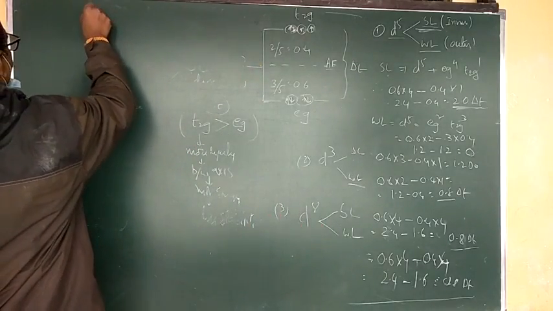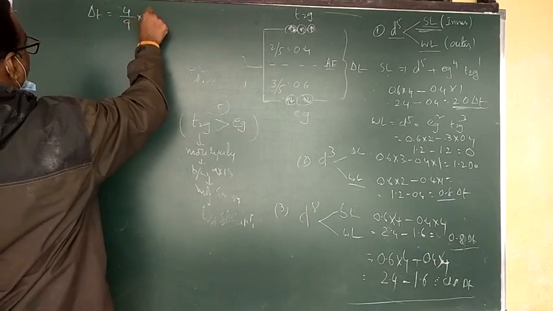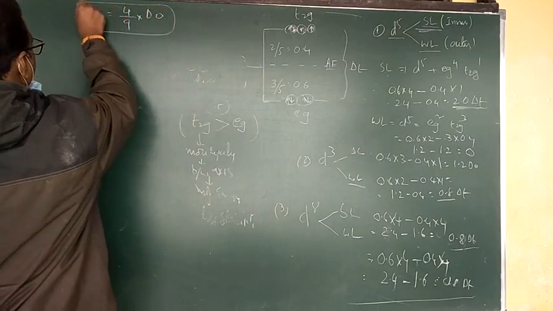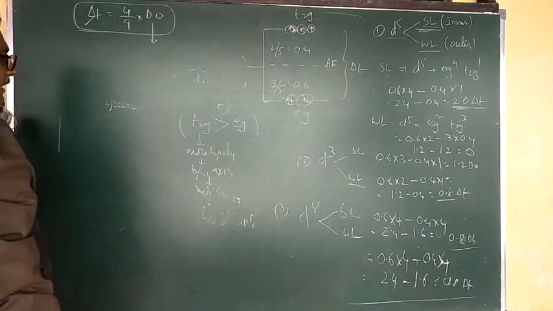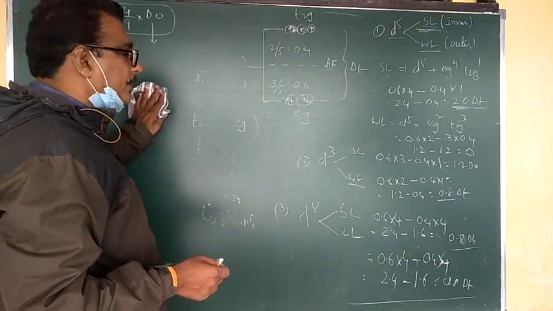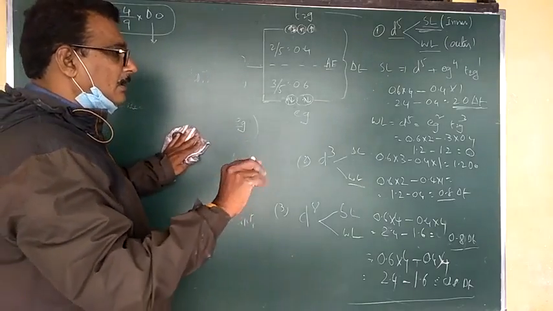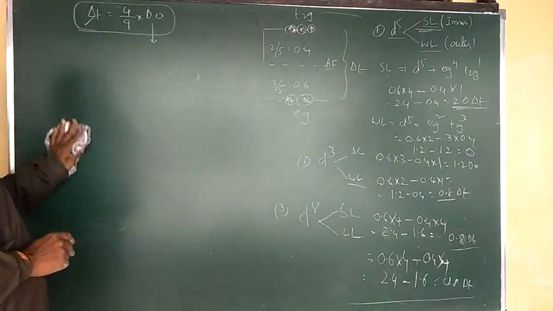Very important: delta t is equal to 4 by 9 into delta 0. Once the delta 0 value is given, automatically we can calculate the delta t value, the relation between the tetrahedral and octahedral complexes.